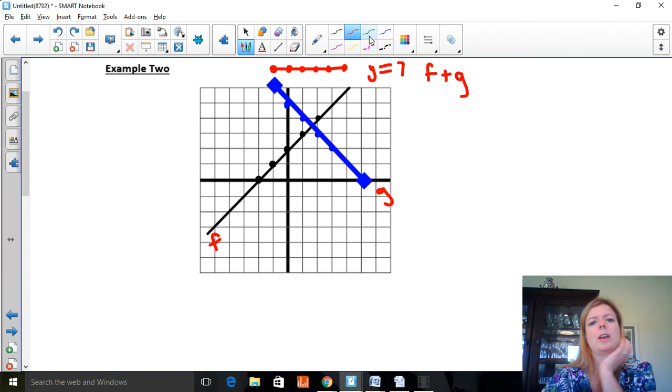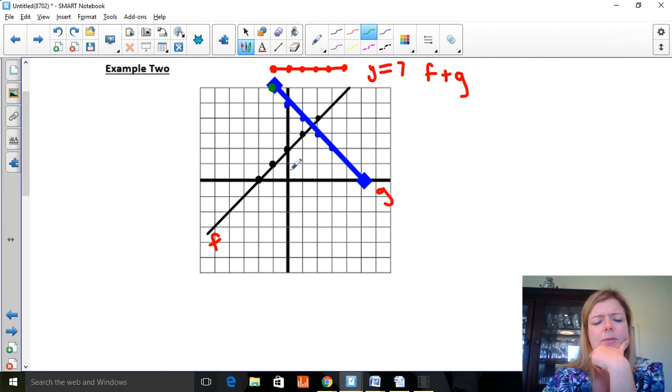Okay, so what about if we want to do F times G? Well, this is 1 times 6, so we have this coordinate here, 6. Then we'd have 2 times 5, so we'd have a coordinate way up here at 10. Then we would have 3 times 4, so you'd have a coordinate up here at 12. So this isn't a great example to do multiplication.